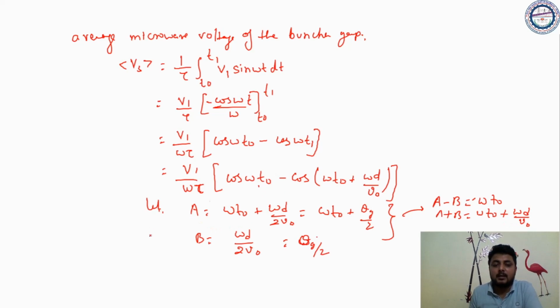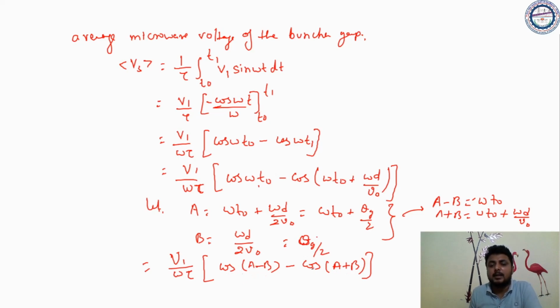Just apply it here and you will get V1 divided by omega tau, and this can be written as cos of A minus B minus cos of A plus B. And we know this trigonometric identity: it is nothing but 2 sin A sin B.